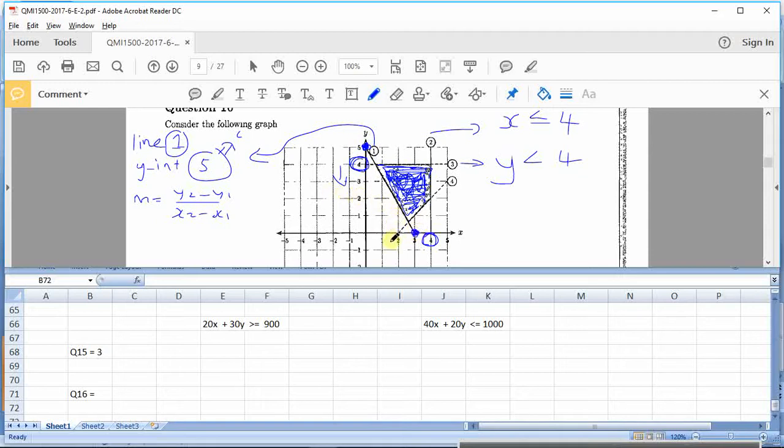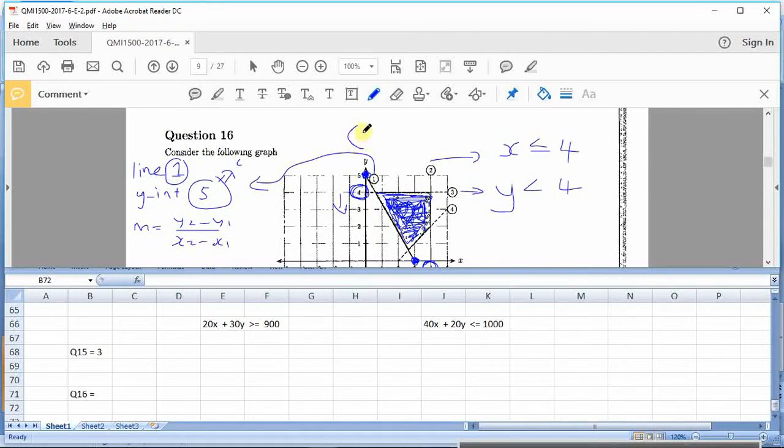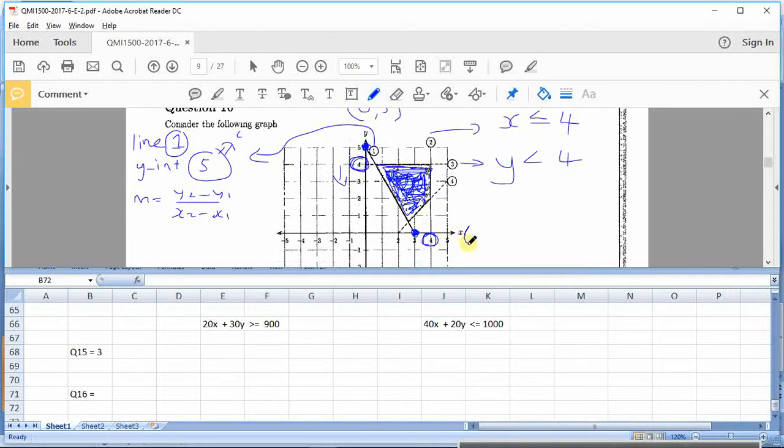So that point will be 0 and 5. This point will be 3 and 0. So let's make this y2, x2.